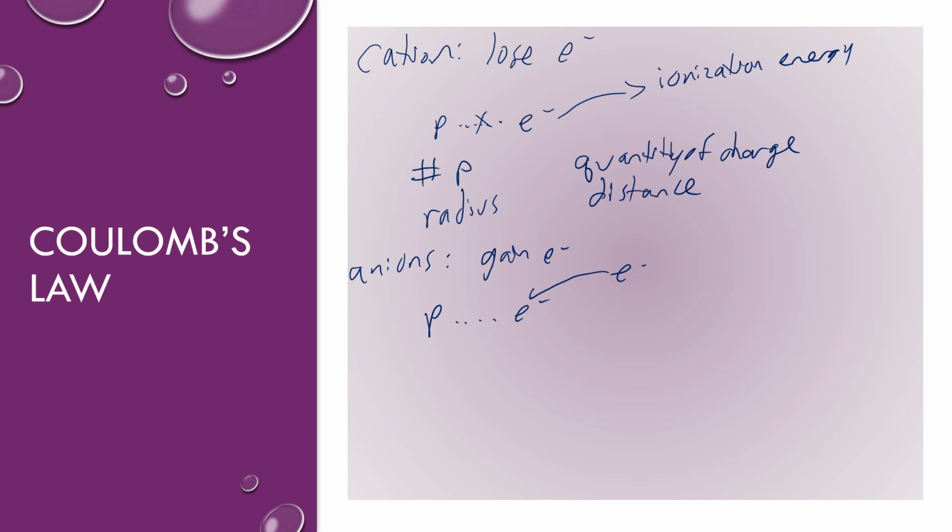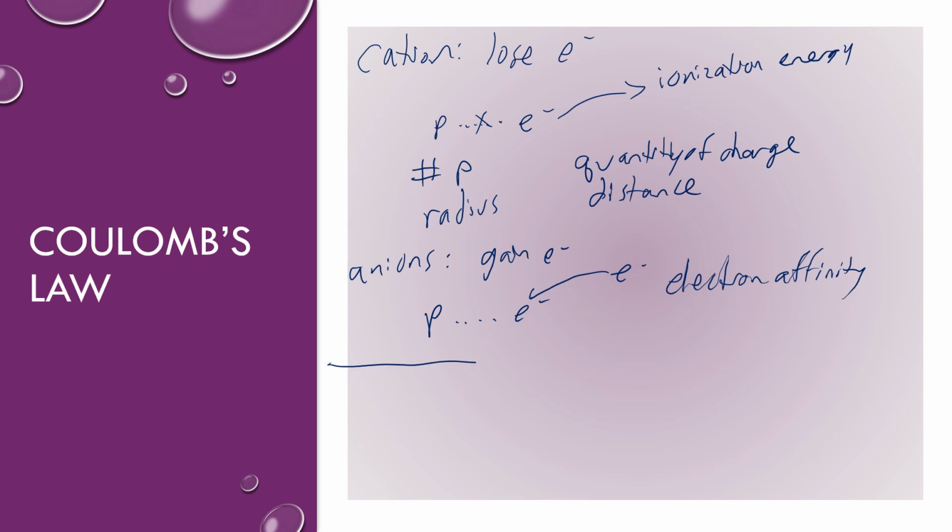And then smaller radius, shorter distance, means that those protons are going to have an easier time of pulling the electrons in. So all of that is for Coulomb's law. And this we can talk about in terms of electron affinity. So both of those things are affecting how well an atom is going to form a cation or an anion.